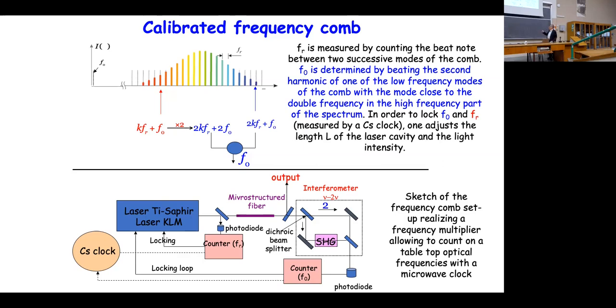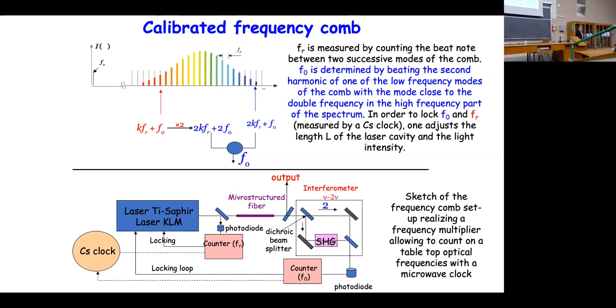So what do you have here? Here you have a dichroic beam splitter. That is a beam splitter which reflects in this direction the K harmonic, and it lets the 2K harmonic go through here. So it's a beam splitter which has a different reflectivity for the frequencies K and 2K.